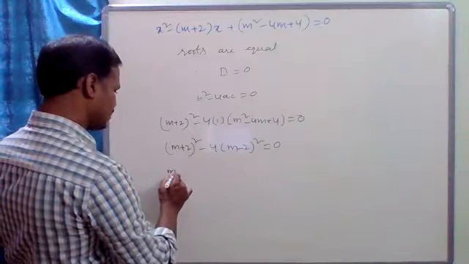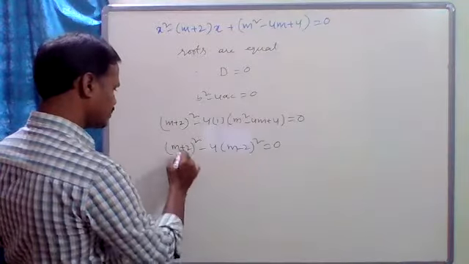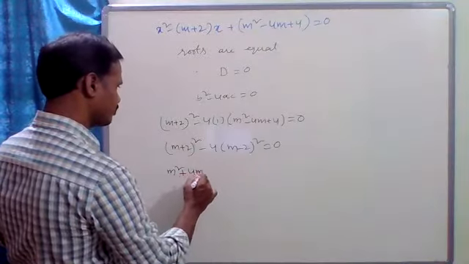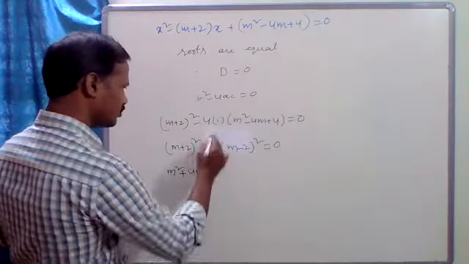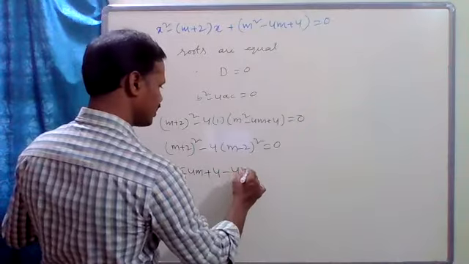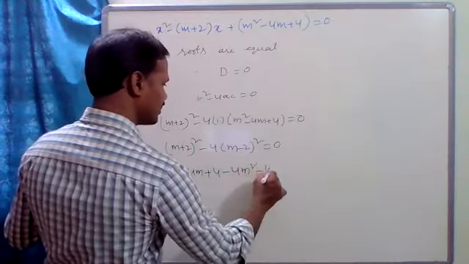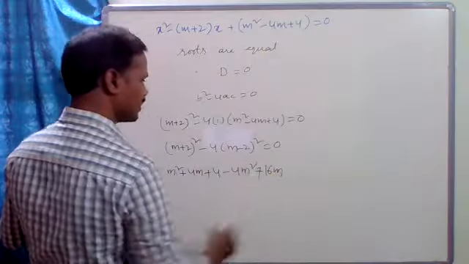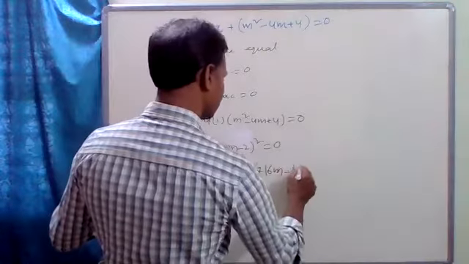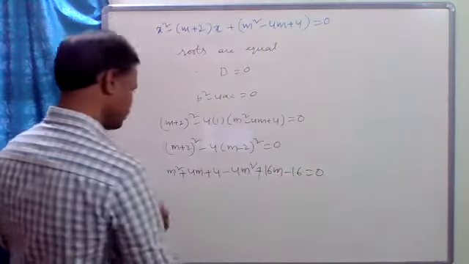So this is m square plus 4m plus 4 minus 4m square plus 16m minus 16 equal to 0.